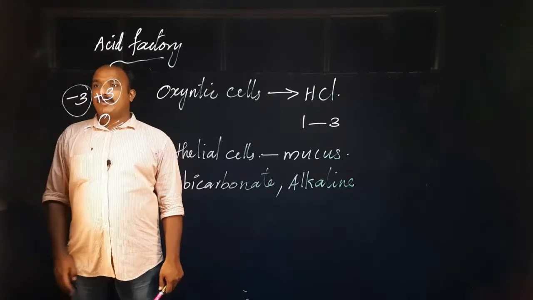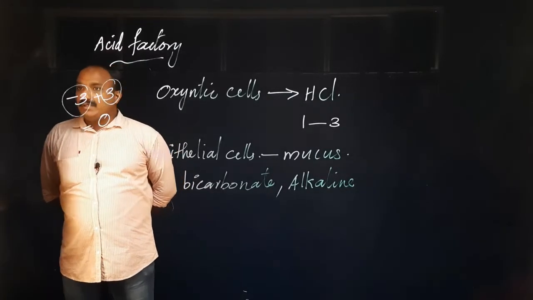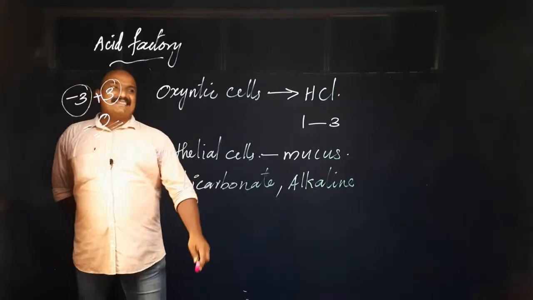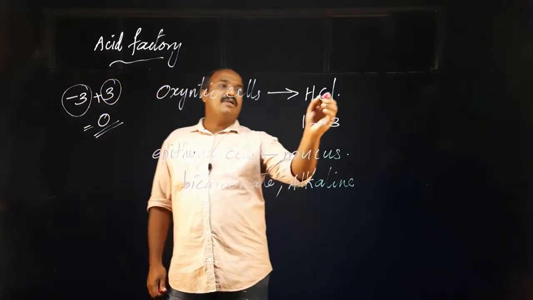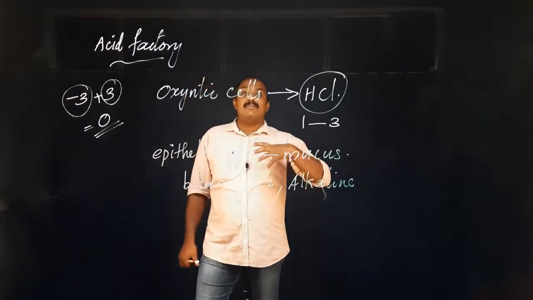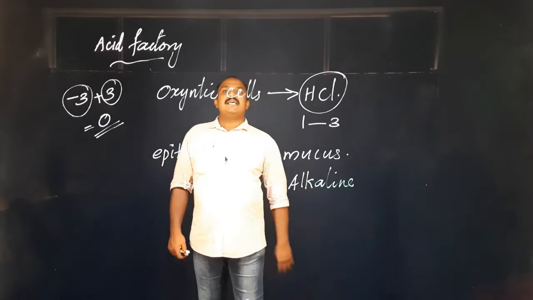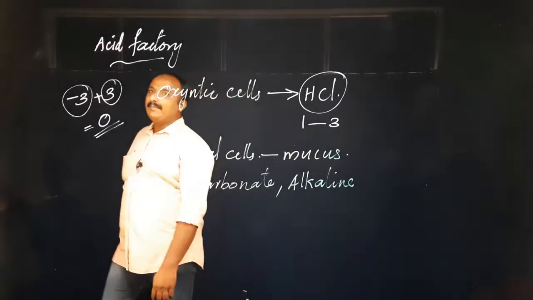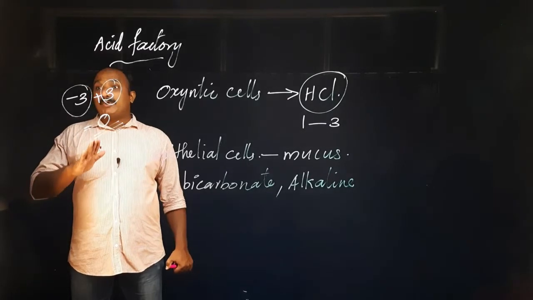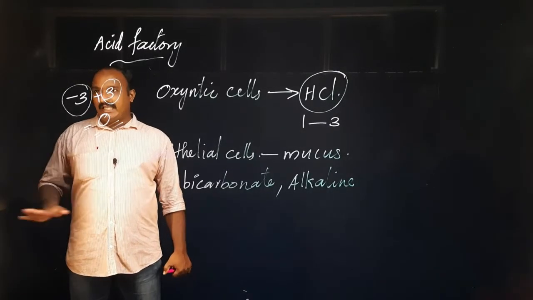But there is a problem. In some people, listen very well, the production of this acid, hydrochloric acid, will be excessive, or more acid production will be there in the case of some persons. Some persons will not take food in proper time or at the correct time.